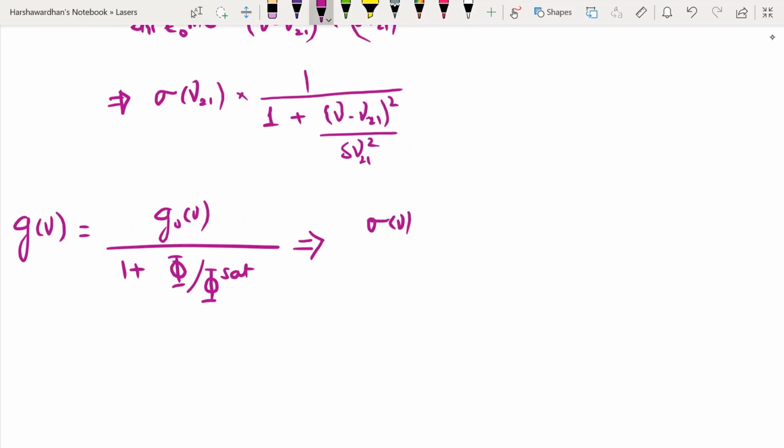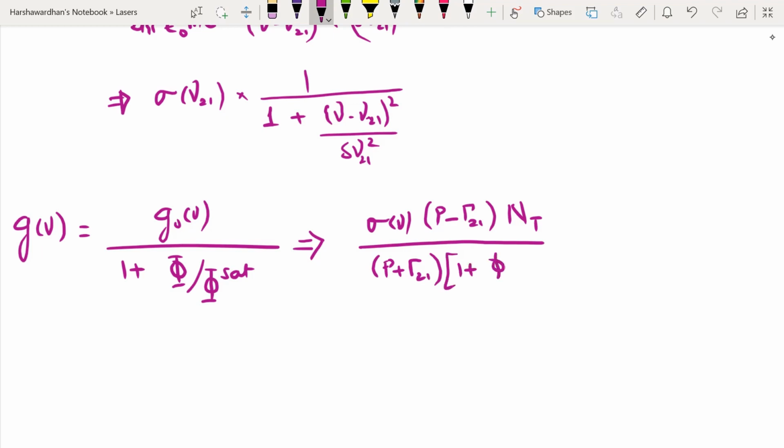So my g of nu was sigma of nu times, this is particularly true for the three-level laser model that we have, P minus gamma 21 times n total, right? This was the g naught of nu, over P plus gamma 21 times 1 plus phi by phi saturation. What I'm doing is basically multiplying and dividing this by the following, that is sigma of nu 21 divided by sigma of nu.